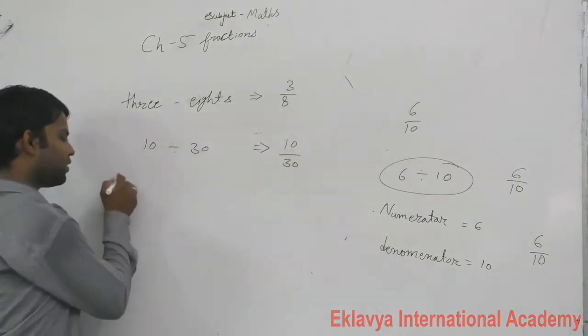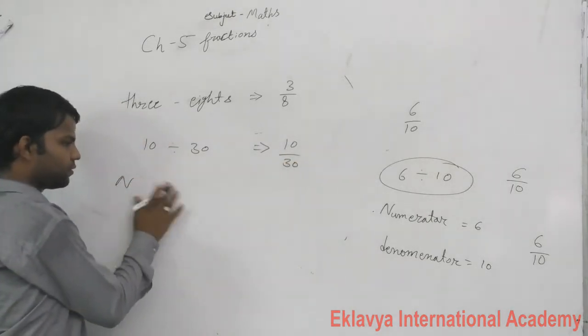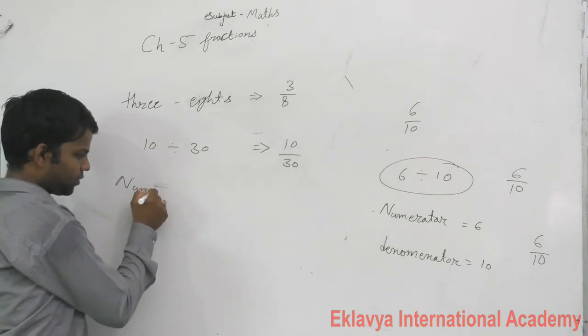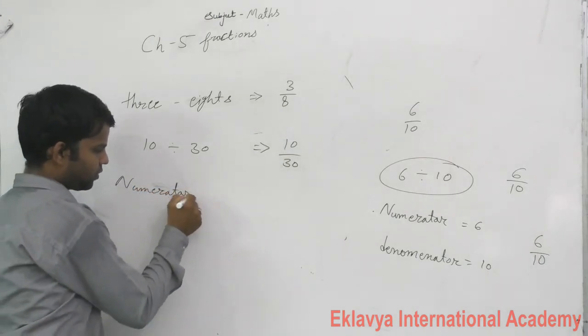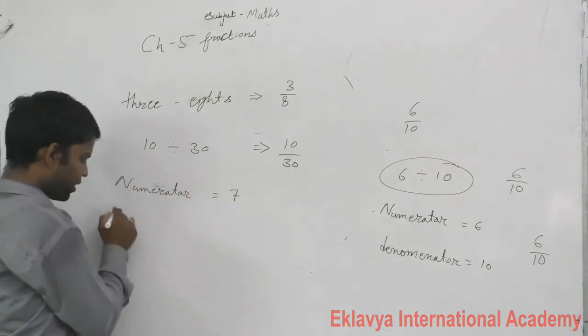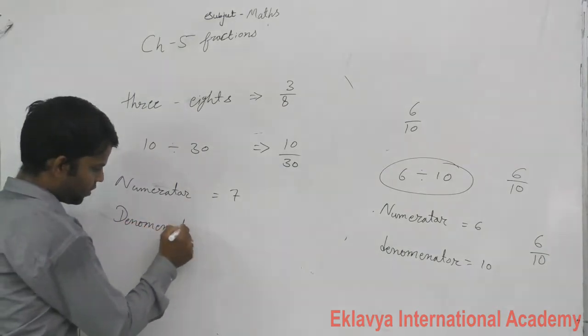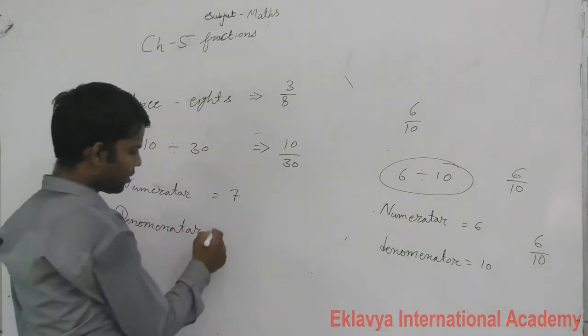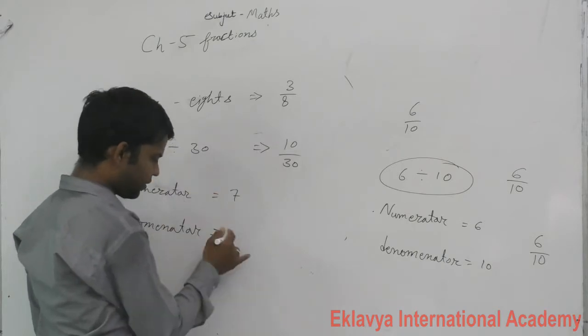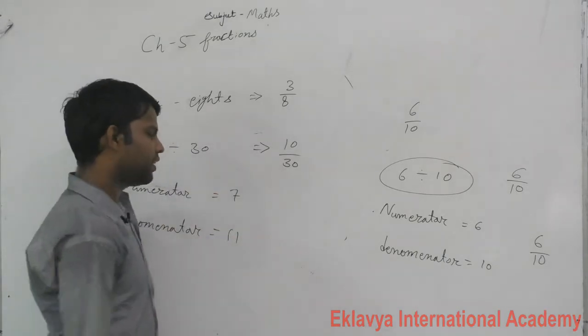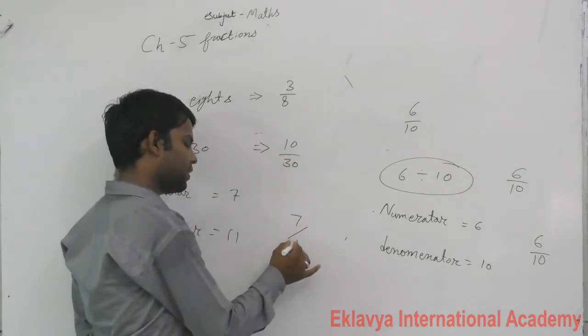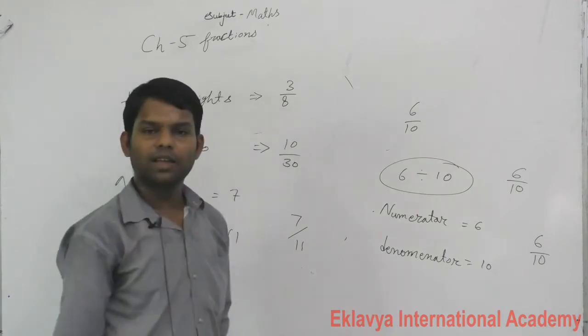If numerator is 7 and denominator is 11, then we can write the fraction in the form 7 upon 11.